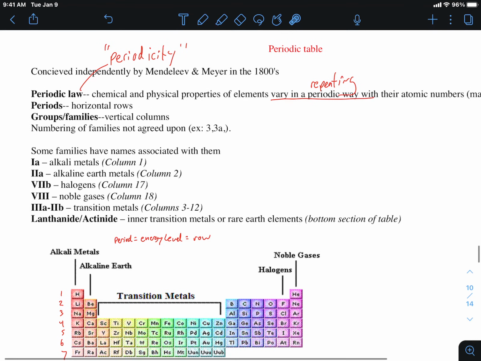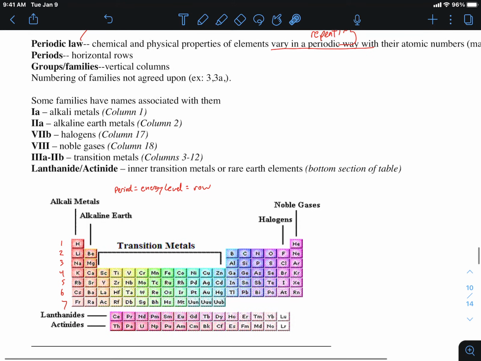So if a period is a horizontal row, then you need to know that the vertical columns are called groups or families. And there are 18 of them.